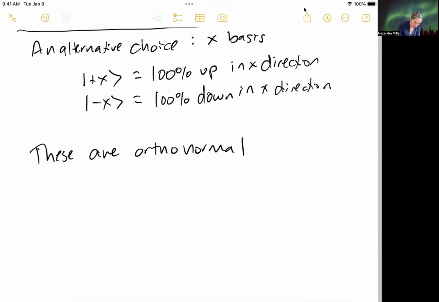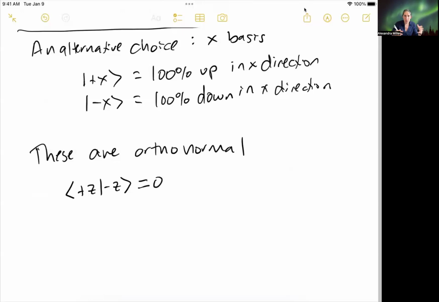Remember, we said that the inner product in quantum mechanics tells you something about how similar two states are. Plus Z and minus Z are two states that are maximally different from each other. Plus Z says you 100% will be up in the Z direction. Minus Z says you 100% will be down in the Z direction. So these are as different as you can be, and these two states are said to be orthogonal.